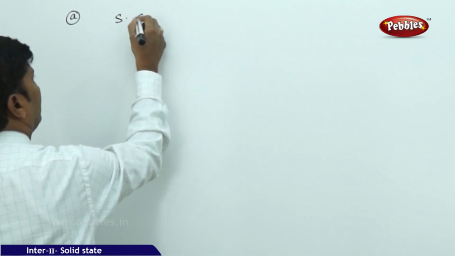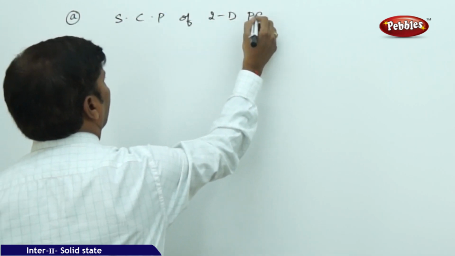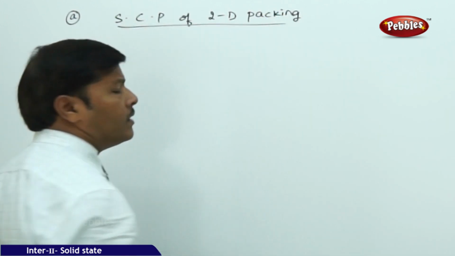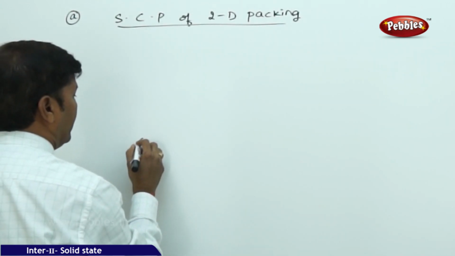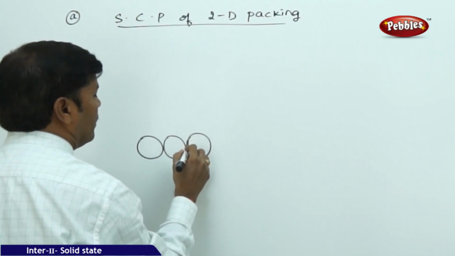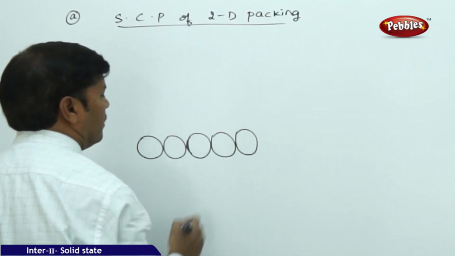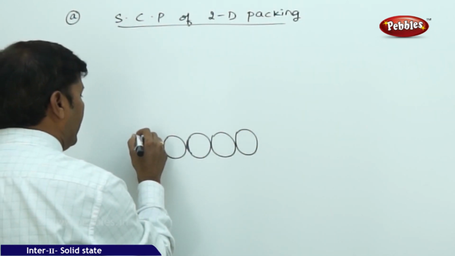So here in the two-dimensional packing, that is SCP, I'll put it in this way, and what we can do here is you just take a layer. Suppose you are just starting with one layer. In the first layer, you are finding that all the spheres are coming in contact like this. In the second layer, what is happening?